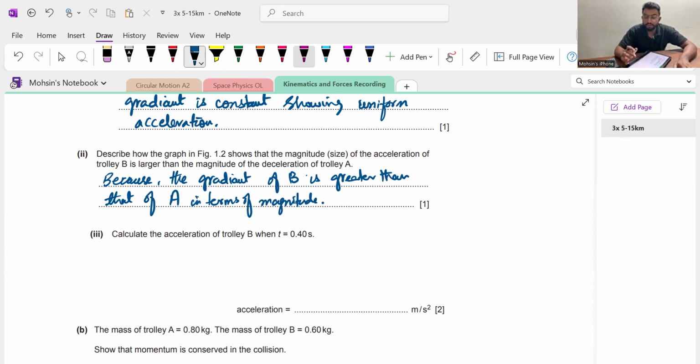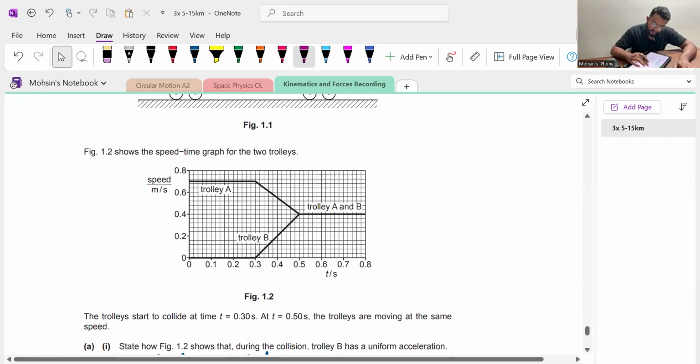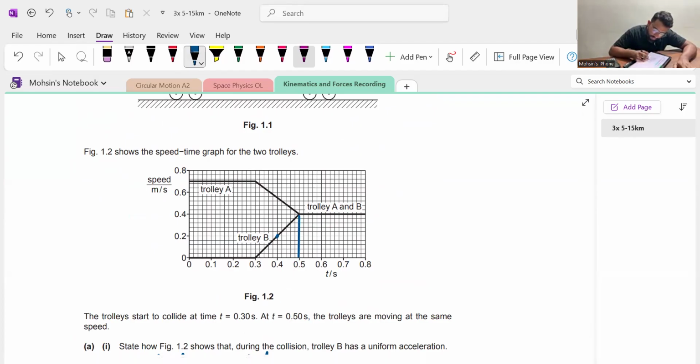Calculate the acceleration of trolley B when t equals 0.40 seconds. Because it's a straight line, it's up to you whichever points you take. I'm taking the points 0.5 comma 0.4 and 0.3 comma 0.